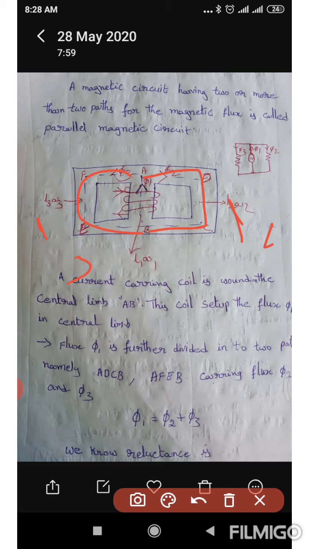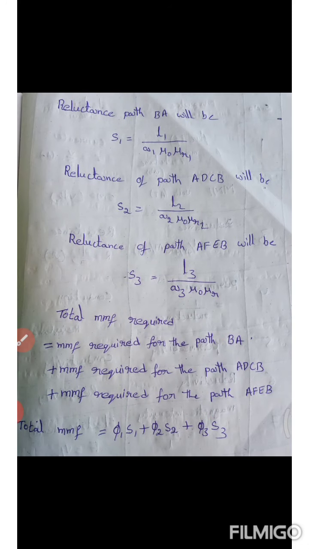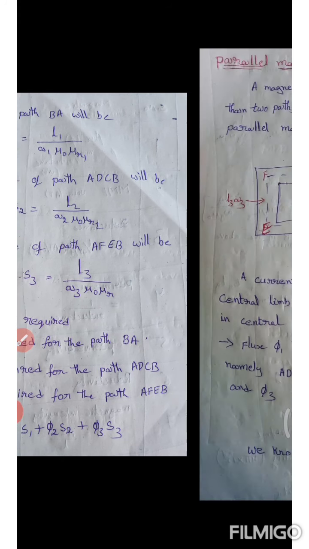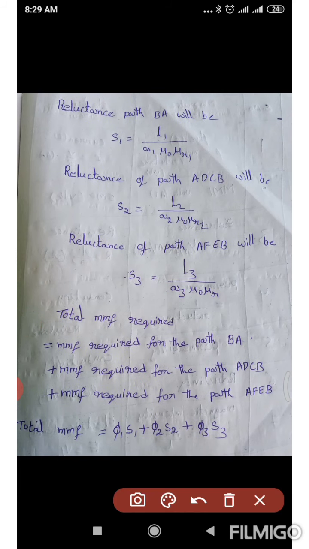As per the parallel magnetic circuit, the flux phi is divided into two parts, phi 2 plus phi 3. Here also we analyze using this basic concept. We have the reluctance S is equal to L by A into mu naught mu r. Let us consider the reluctance of path 1, that is A to B: L1 by A1 mu naught mu r1.